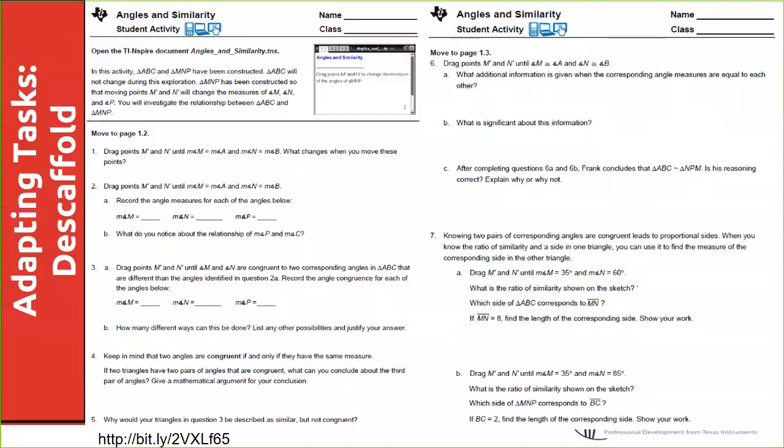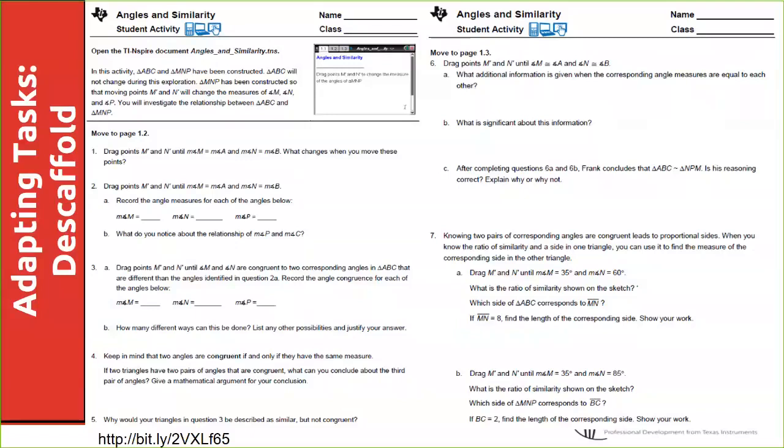Yep, and the objectives from the activity, because we want to always keep those in mind when you mentioned keep the mathematics in focus. One objective is proving 2 pairs of corresponding angles of 2 triangles are congruent. The 3rd pair of angles will also be congruent. And then students will recognize and apply the angle-angle similarity theorem.